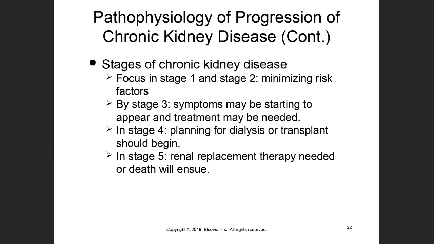In stage 3, symptoms may start to appear and treatment may be needed. So at this time, you start treating not the comorbidity of the patient, but the problem in the kidney. In stage 4, you prepare the patient for dialysis. What is the preparation? You do a fistula, a vascular surgery that you do in the patient to prepare for dialysis.